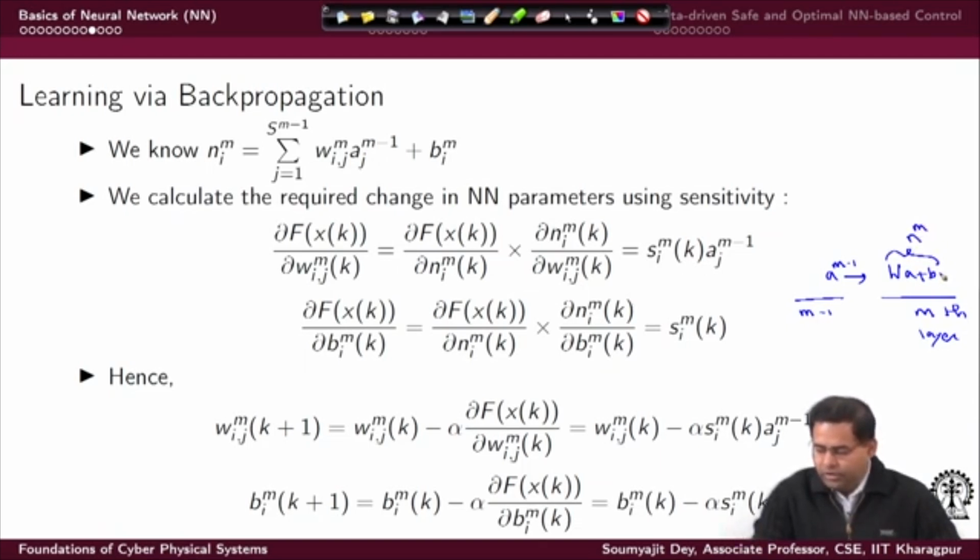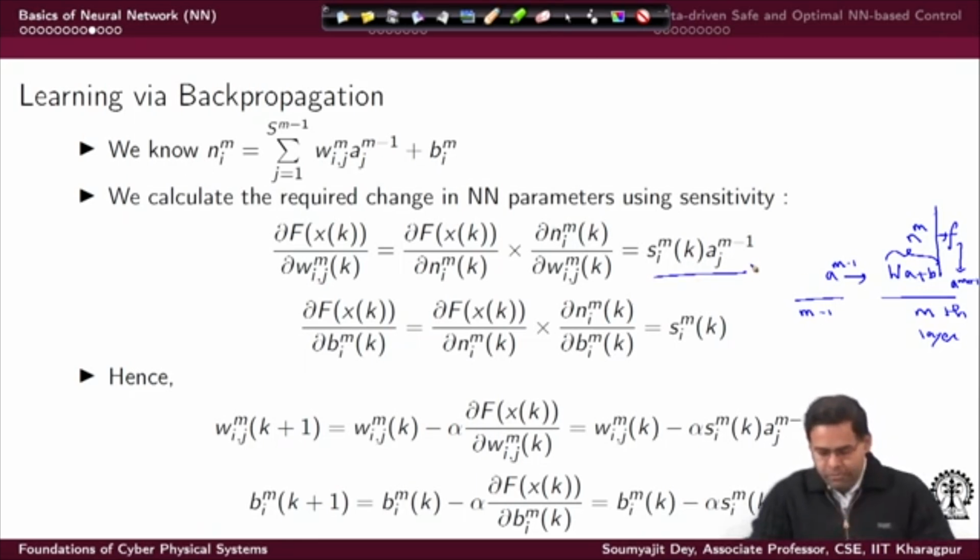This n now goes to the activation f, and this generates a m plus 1, the m plus 1th stage. If you take the derivative of this n with respect to the weights, you get the a values, which is a m minus 1.